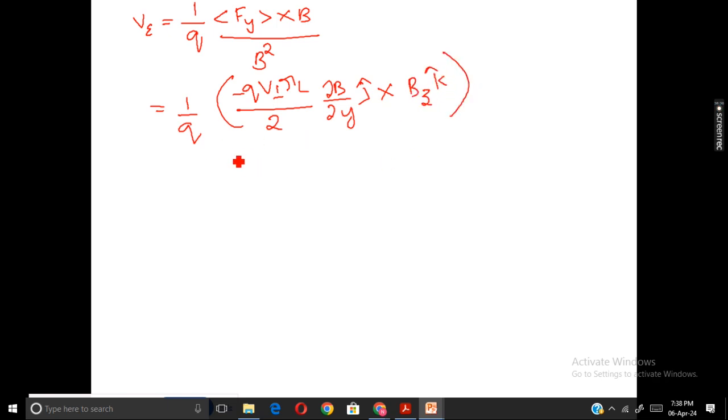So we have to take the cross product divided by B squared. The cross product of j cross k is i.